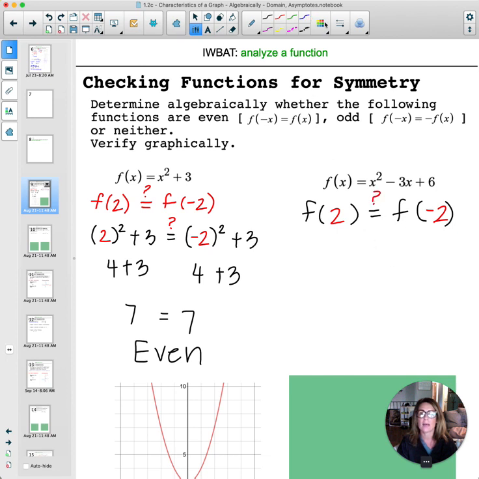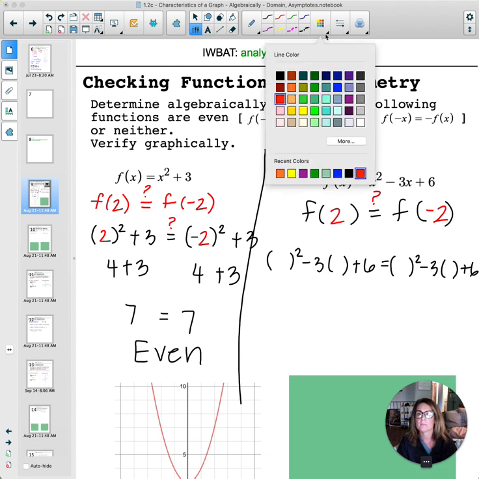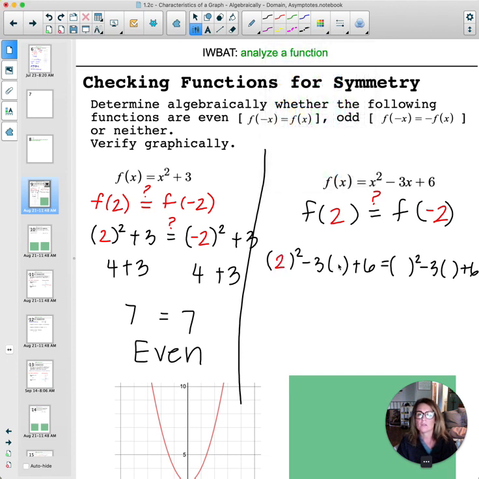I like to, again, write the function down with parentheses where I'm going to plug in the number: x squared minus 3 times x plus 6 for that side, and over here, the same thing, x squared minus 3 times x plus 6. We'll plug in 2 over here and -2 over here, and see what happens.